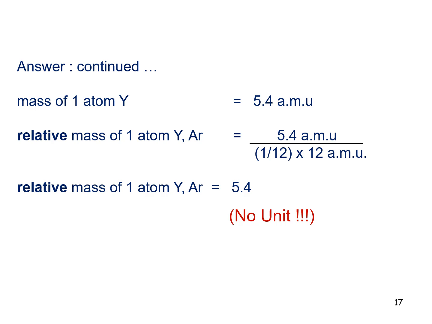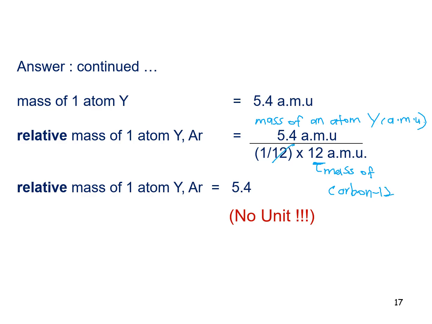Okay, so sekarang ni, as you know already that the mass of one atom Y adalah 5.4 AMU. Untuk tahu the relative mass of atom Y, AR for atom Y ialah, okay, you letak mass atom kat atas ni. Yang kamu mau cari mass of an atom Y in atomic mass unit, bahagikan dengan 1/12 kalikan dengan 12 AMU, because this is actually mass of carbon 12 atom in unit AMU juga.